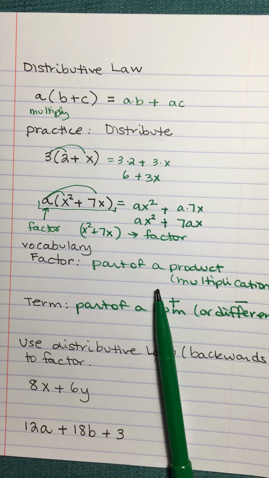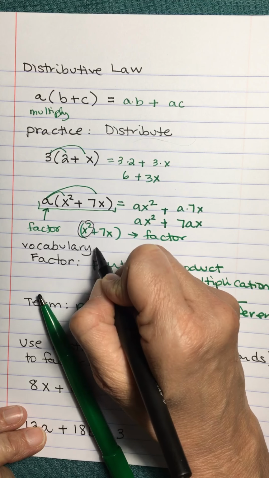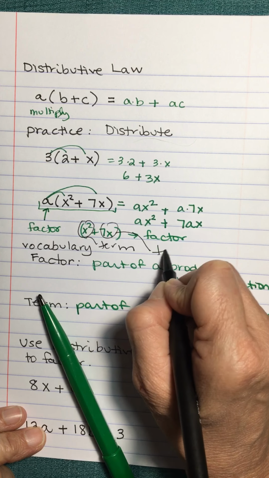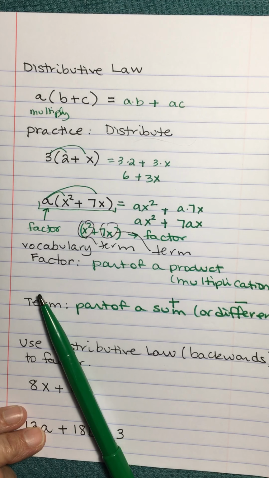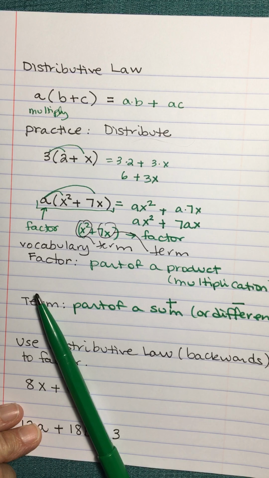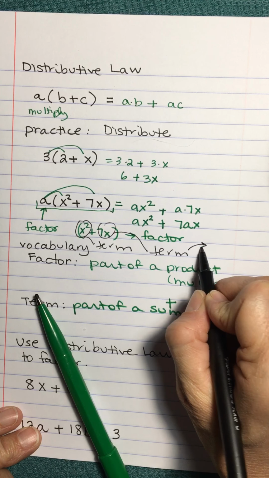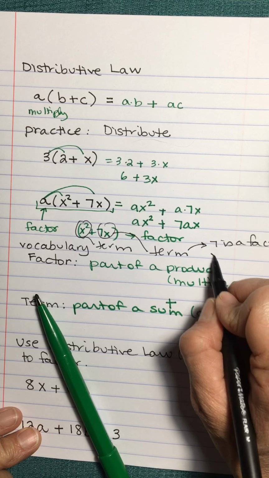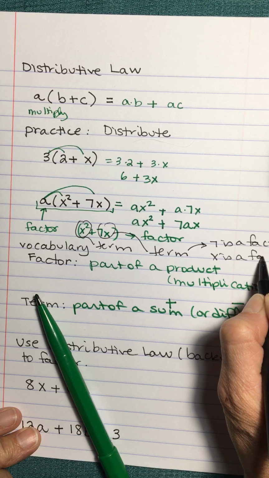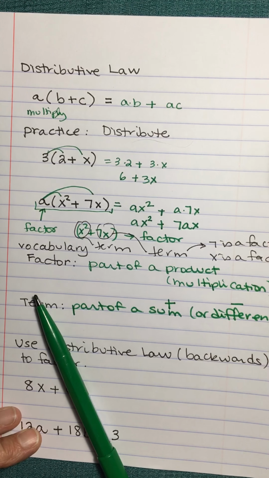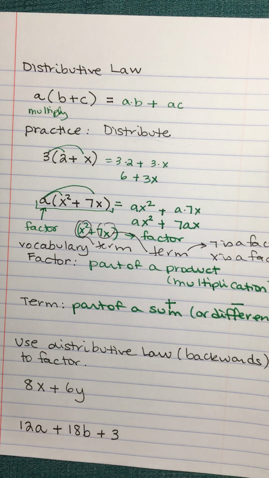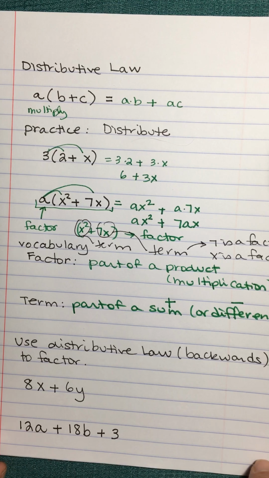Okay. So within that factor, x squared is a term and 7x is a term. And then within the 7x term, there are two factors. Within that term, 7 is a factor because it's 7 times x, right? And x is a factor. So if it's part of a multiplication, it's a factor. If it's part of an addition, it's a term.